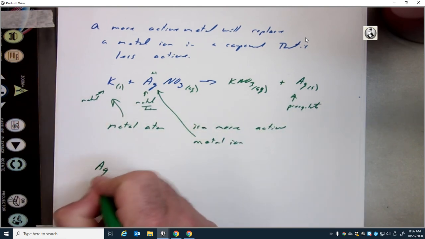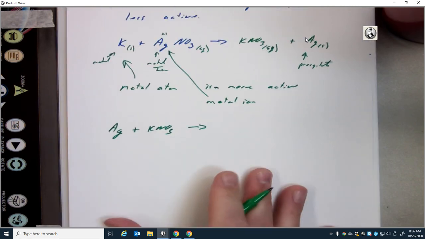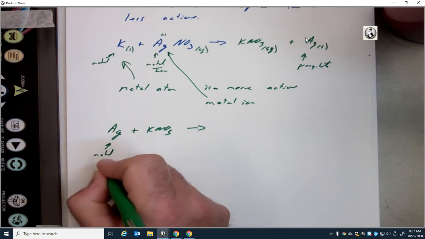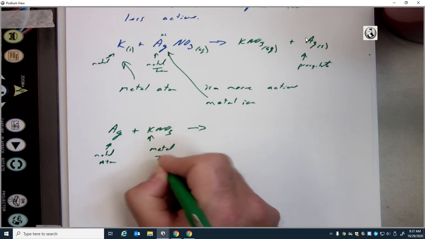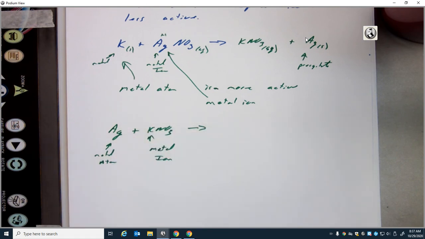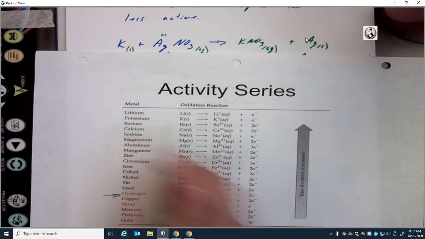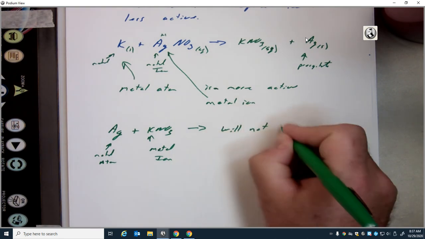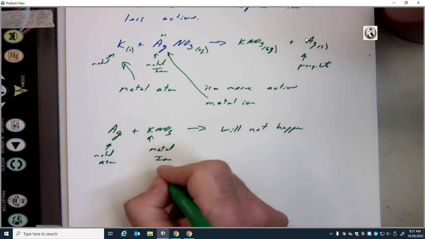So if I put Ag with KNO3, would that reaction happen? Well, now this is my metal atom. K is my metal ion. Remember, the atom has to be more active than the ion. So in that case, it's the reverse. So now the silver is less active than it, so this is not going to happen. Okay, because this is more active.